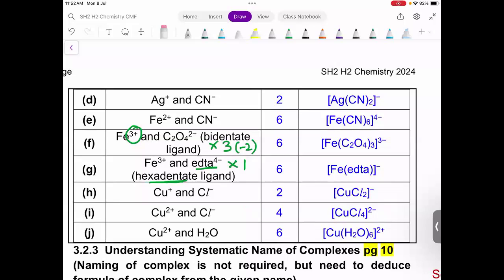Okay, any other question about this part? What do you mean? In this case, we just follow the rule of twice the charge.